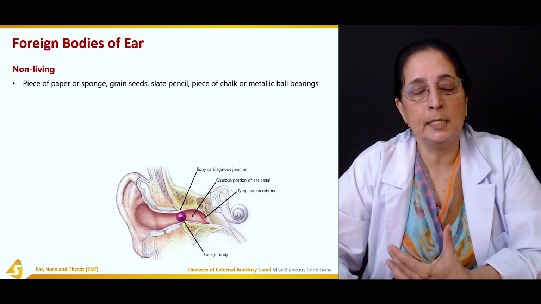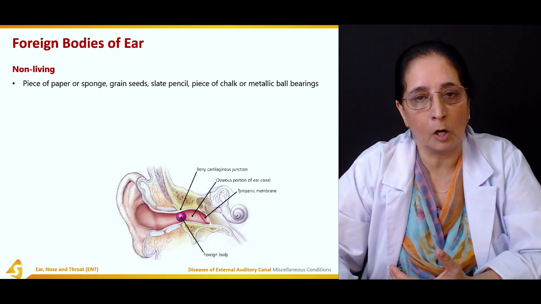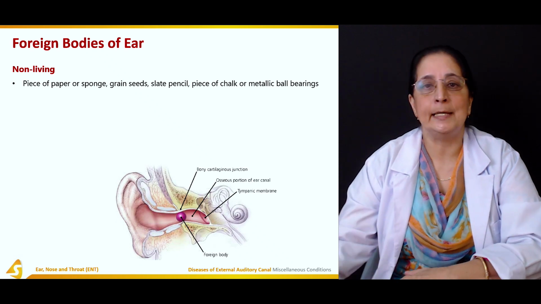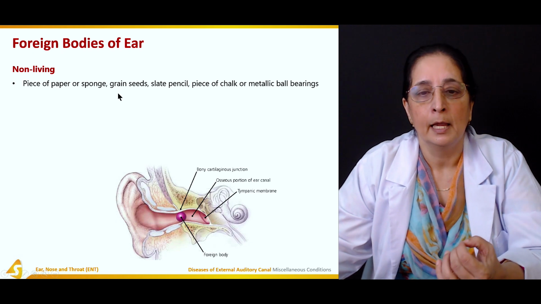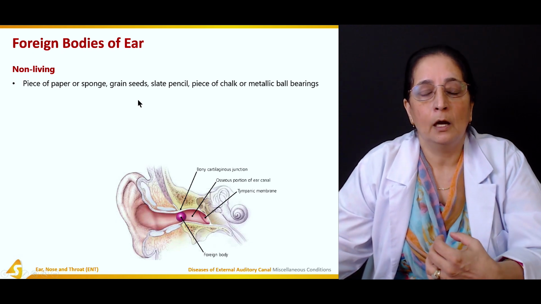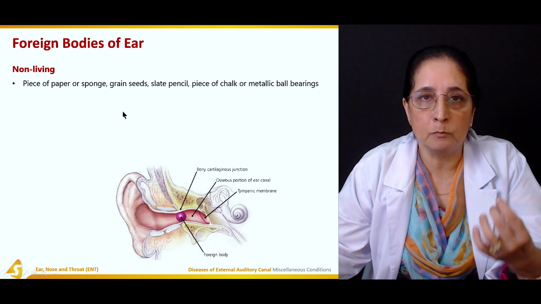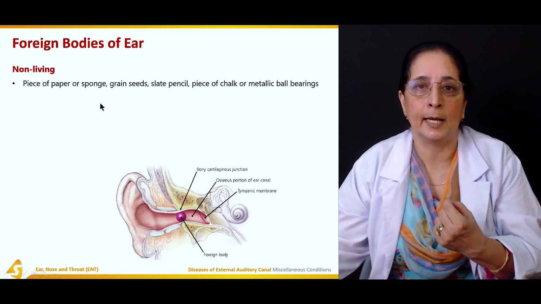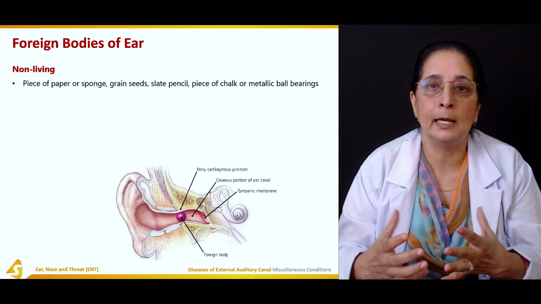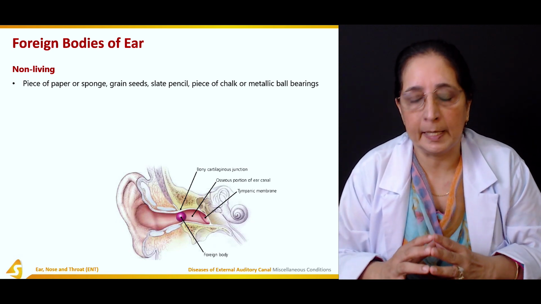So foreign bodies in the ear are not uncommon, especially when it's seeds or any grain, or small peas that can go into the ear and get impacted. They can swell up and cause very bad pain in the ear.